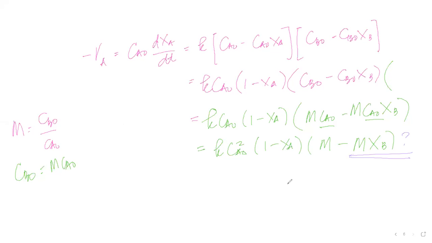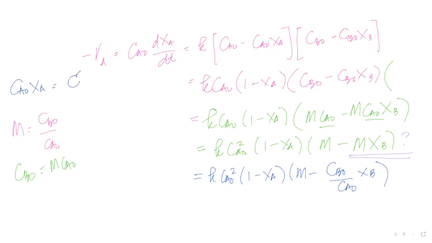Anyway, this is what we're going to do. This is what you're going to do. You have K, CAO squared, 1 minus XA. It seems like this M is our problem. So, so we won't have problems, we'll bring it back. As Josh said, your CAO XA is just your CBO XB based on what we have discussed as well.